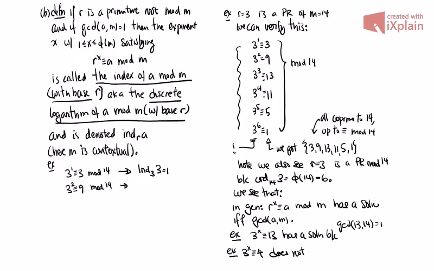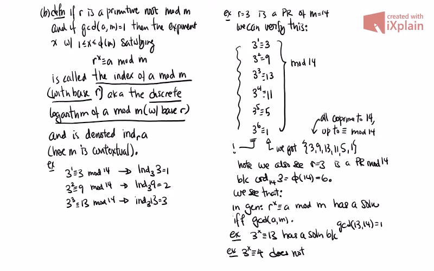This tells us that the index base 3 of 9 is 2. So basically it's like a logarithm. 3 to the 3 is congruent to 13 mod 14. So the index base 3 of 13 is 3.